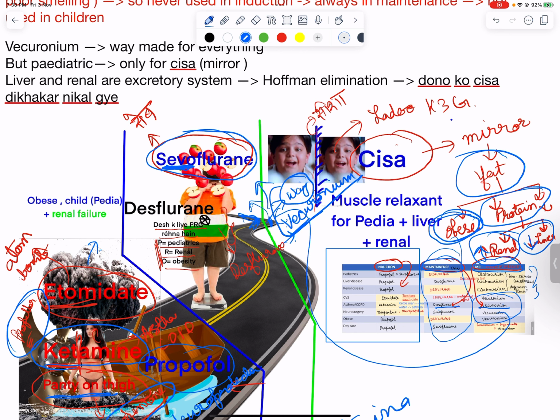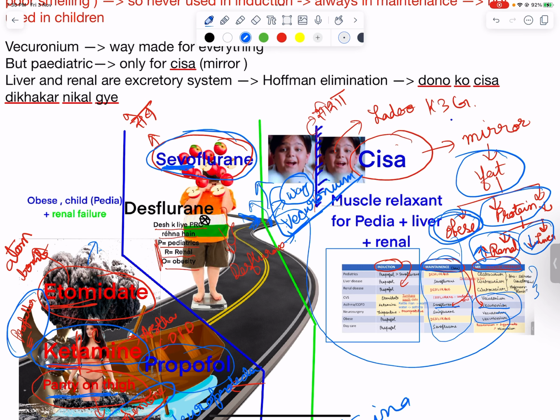So whenever in maintenance, in muscle relaxant, we have to recall that the exceptions are those in which the child is fat. So it would be obese, renal failure, and liver disease. So shisha, atracurium, is being used in these three situations.